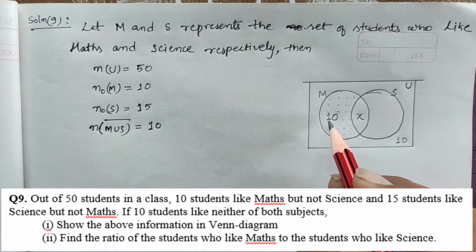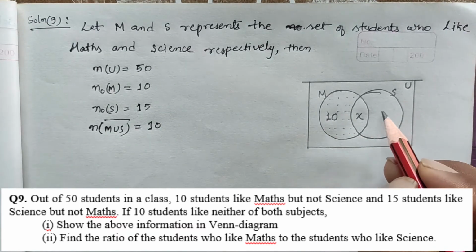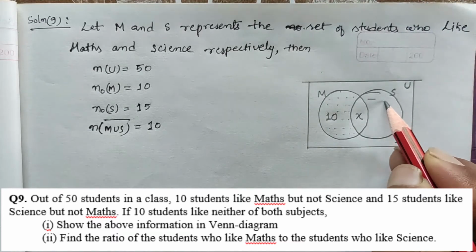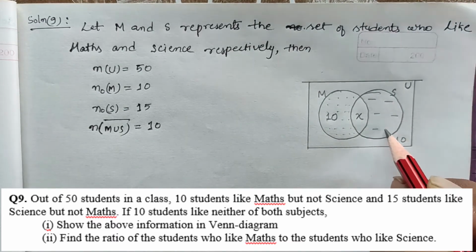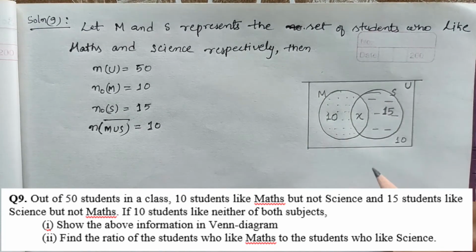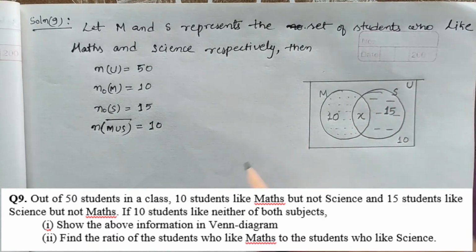Who like maths but not science is this part, and who like science but not maths is this part. This part is 15. So in this way you have to understand the question.